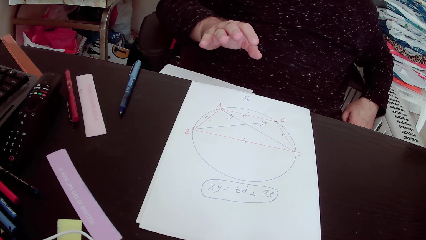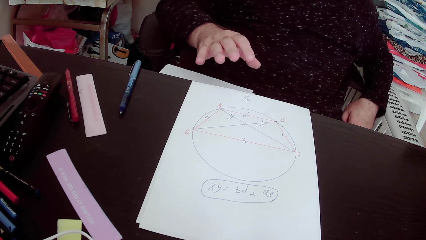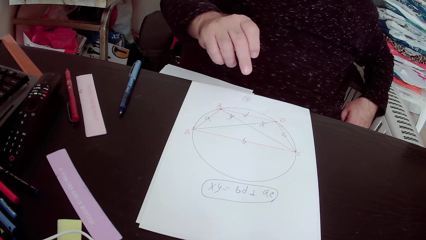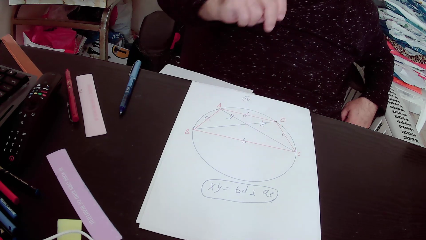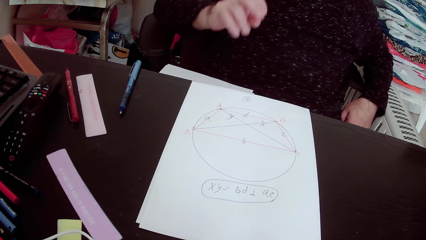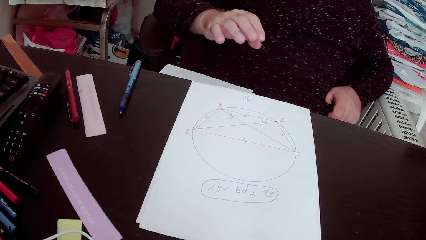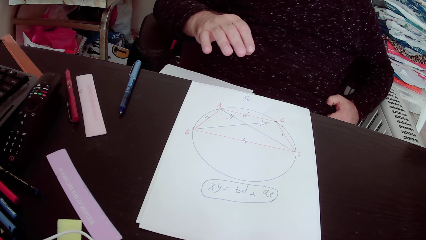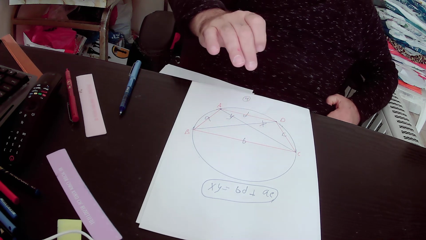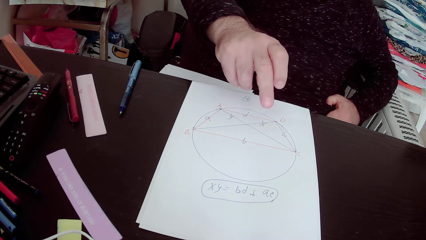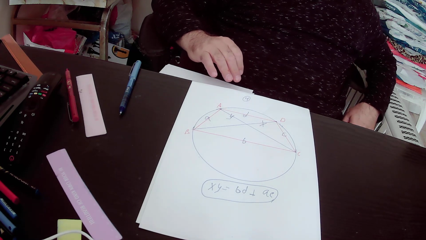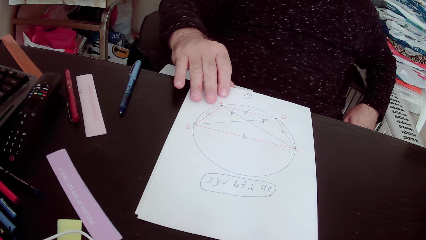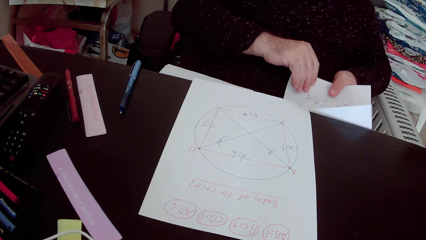Okay, but it is true only in quadrilaterals that are inscribed by a circle. Only if a quadrilateral is inscribed by a circle, then this rule is true, that x times y equals BD plus AC. Okay, actually that is rule number 2, and we also have rule number 3.